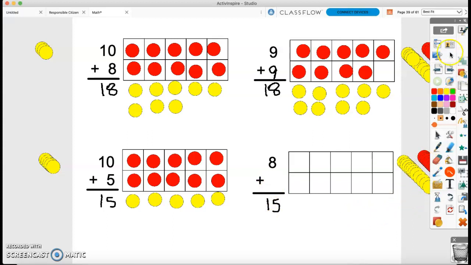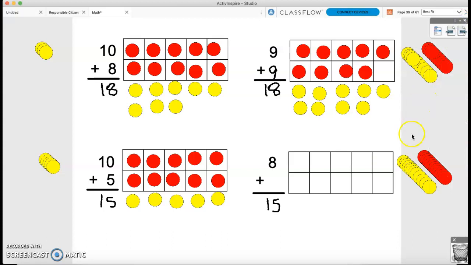So let's look. So we're going to put 8 down. 1, 2, 3, 4, 5, 6, 7, 8.